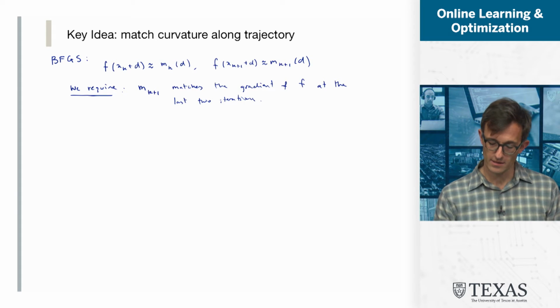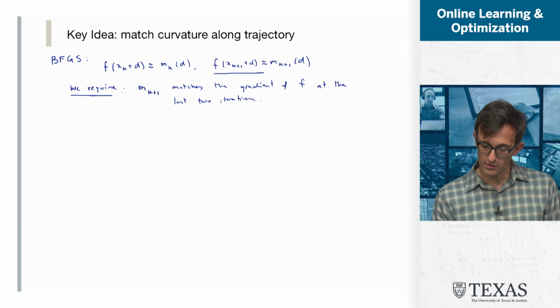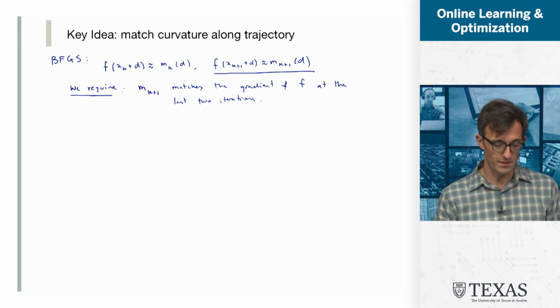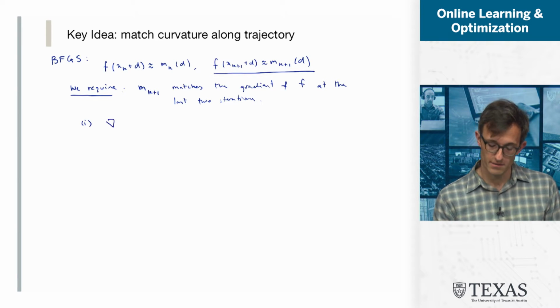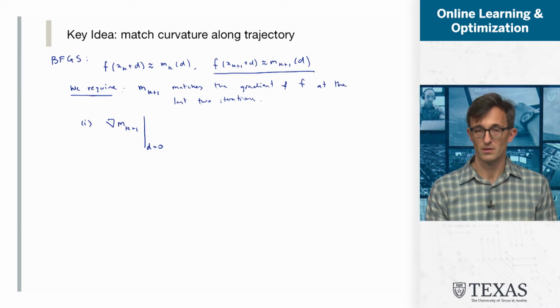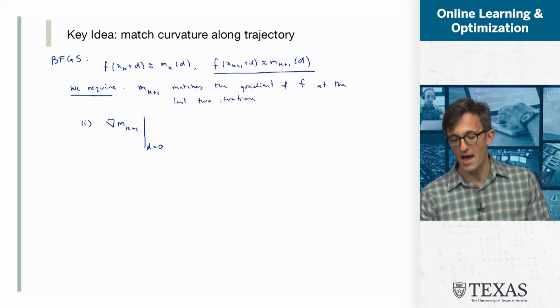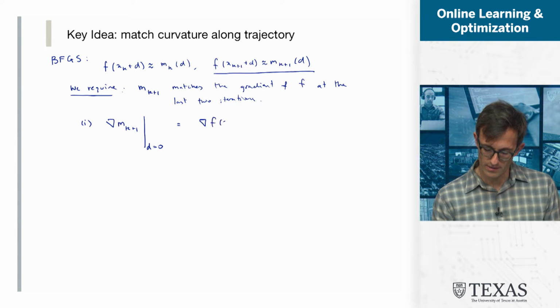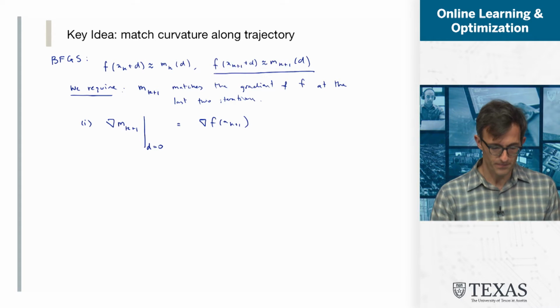So let's see what that is. Looking at this top line here, f(xk+1 + d) is approximately equal to mk+1(d). That means the first point is that I want the gradient of mk+1 evaluated at d equals 0. d equals 0 means that this should equal the gradient of f at xk+1.